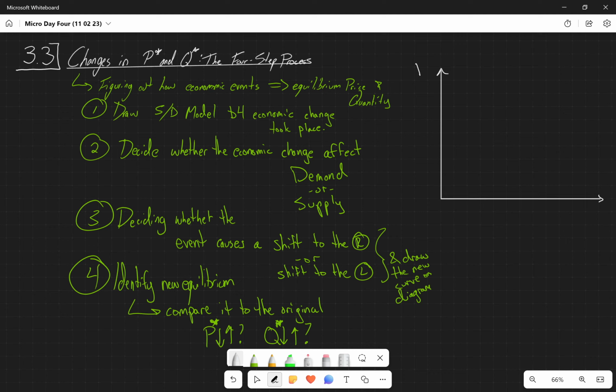We label price on the y-axis, quantity on the x-axis. P comes before Q in the alphabet. P is to the left of Q when you're labeling the graphs. We have a downward sloping demand curve. We have an upward sloping supply curve. The market is going to be rent.